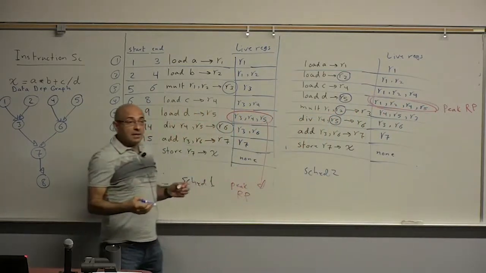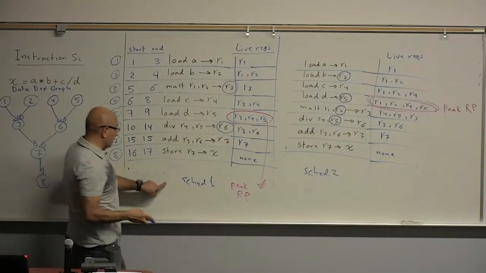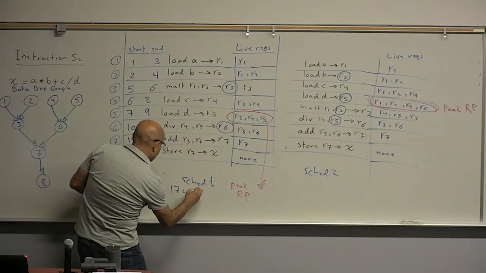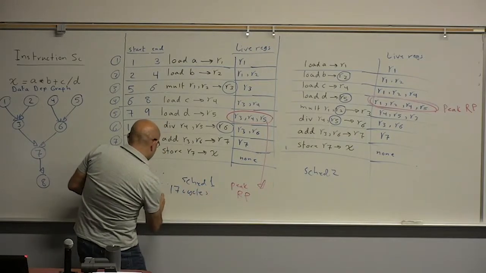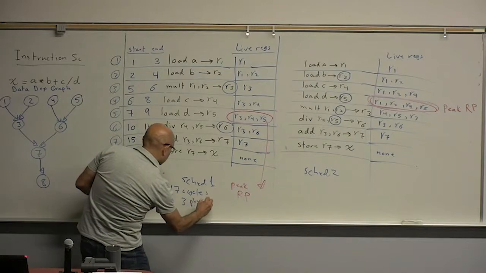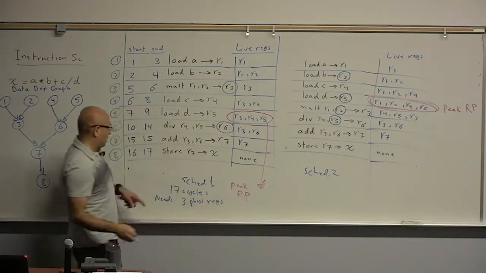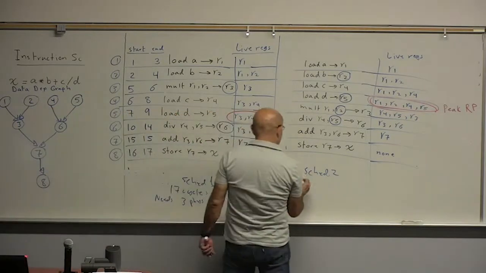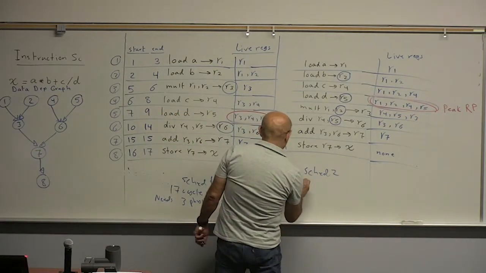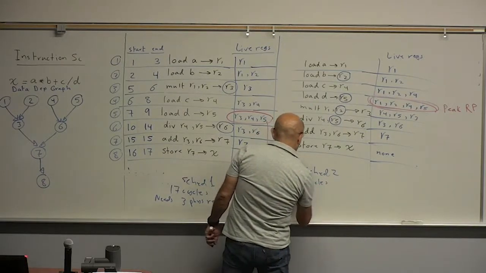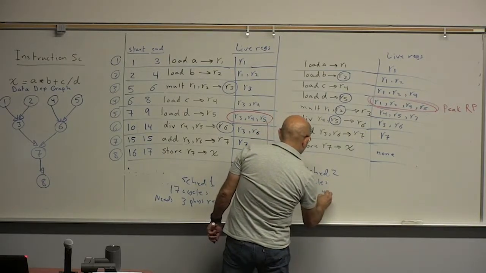So the difference between these schedules is, schedule 1 is 17 cycles and needs 3 physical registers. Schedule number 2 is 14 cycles and needs 4 registers.